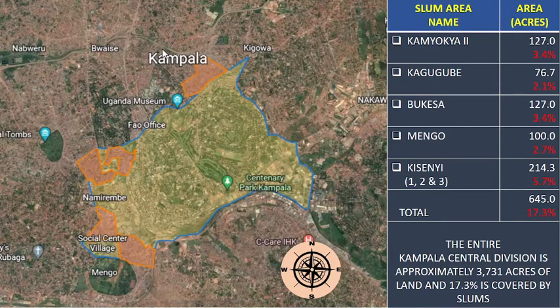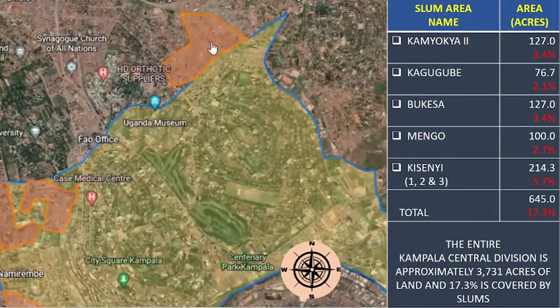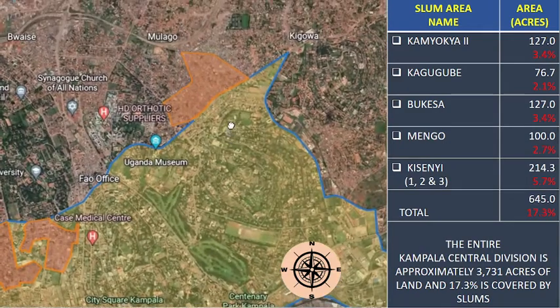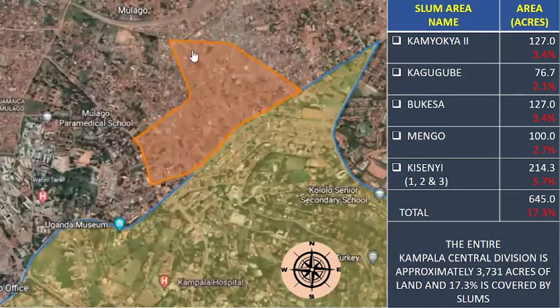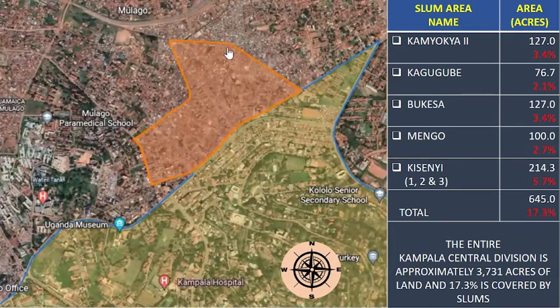Kampala slums. Now, when we talk of Kampala slums, and especially with a focus on the Central Division, there are quite a number of these slums, and particularly in this video, we shall be looking at 5 of them that are located within the Central Division.